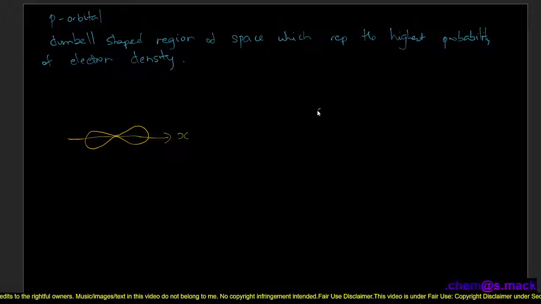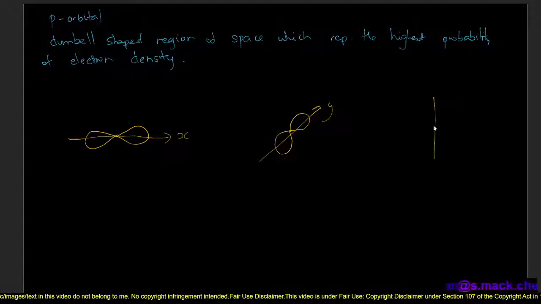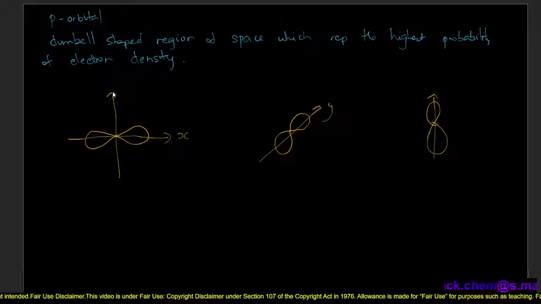If I have a y-axis, we have another p orbital. Where I have my z-axis, we have a third p orbital, right? They're all meant to be the same in shape, right? So excuse my drawing. Into each drawing, I'm going to include the other axes for reference. I'm just going to draw them in.